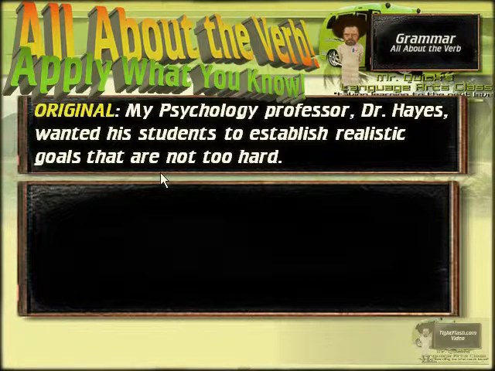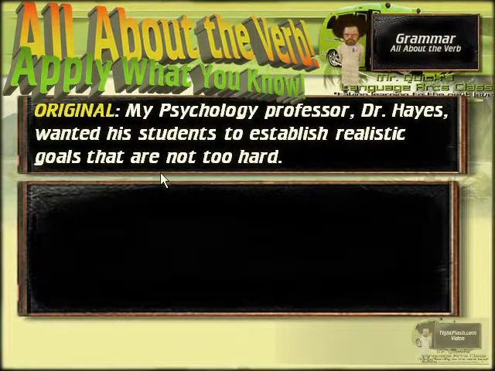Now, read that to yourself for a second and ask yourself whether or not that is logical for the professor to have that desire in that way. Of course, all teachers and professors want students to achieve. That's not what I'm saying at all. I'm looking at the whole tense thing here.